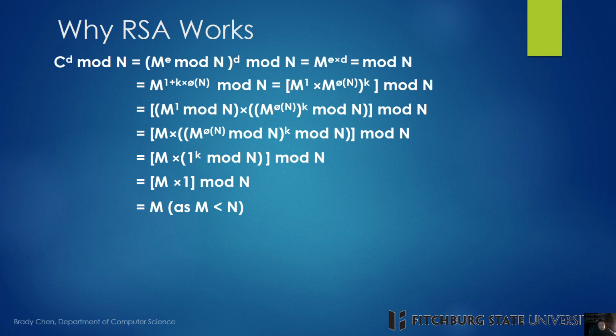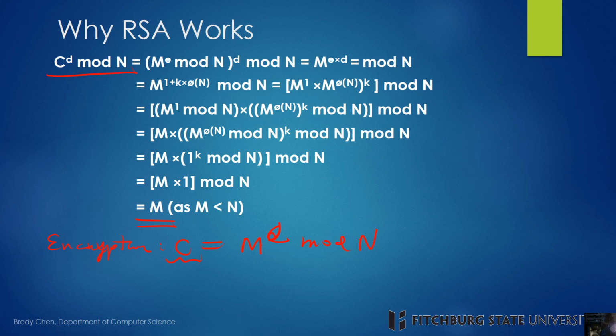So okay, we now summarize the discussions in the previous slide. We proved that c to the d mod n finally equals m. So that means on the encryption side, we just calculate m to the e mod n, we get the c.